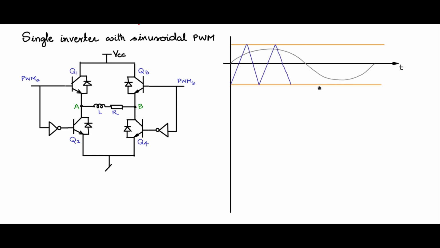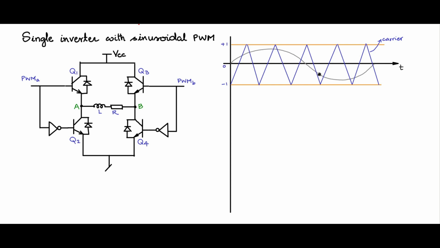So let us draw that carrier waveform. The triangular carrier is in this fashion. It is between the limits of -1 to +1. This is 0. In general, you choose a carrier waveform frequency which is greater than 20 times the frequency of this fundamental modulating signal.